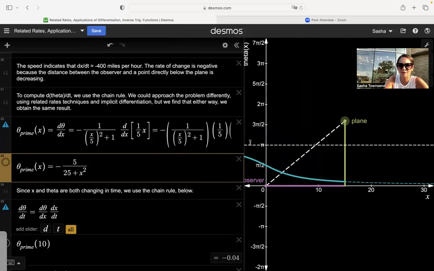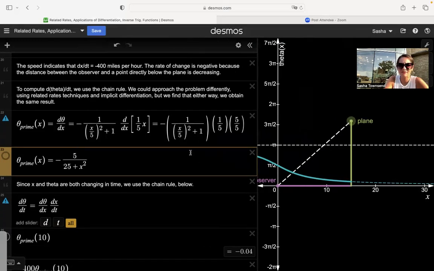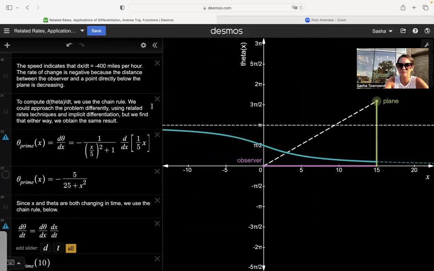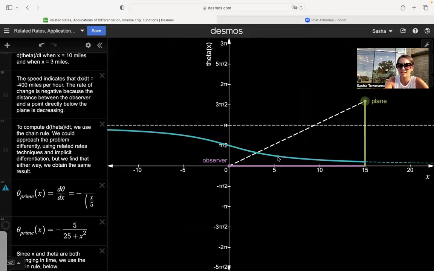So even though it seems counterintuitive that this is always negative, it should be consistent with our expectations if we imagine continuing to increase our x values, so the plane moving to the right rather than to the left. Look at the y values on the graph of that cotangent function. The y values continue to decrease as x increases.